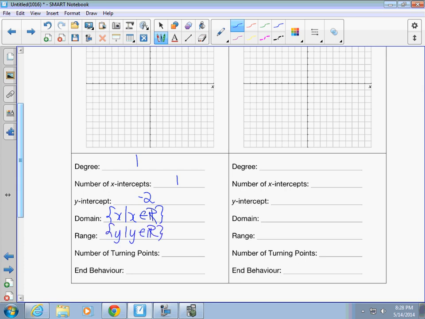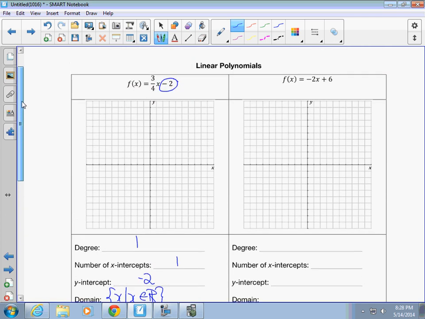So I'm just going to pause here and go up and draw this one for you. So f of x is equal to 3/4 x minus 2. So my y-intercept was at negative 2, so I go down 2. My slope was equal to 3/4, so that means I go up 1, 2, 3, and over 4. 1, 2, 3, 4.